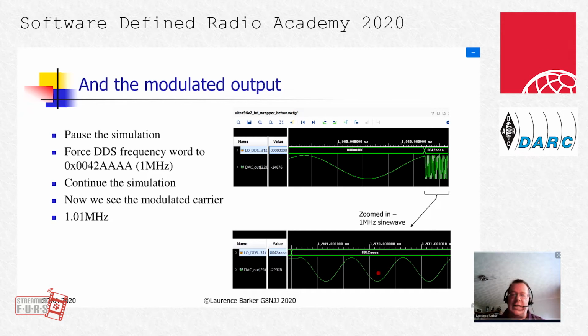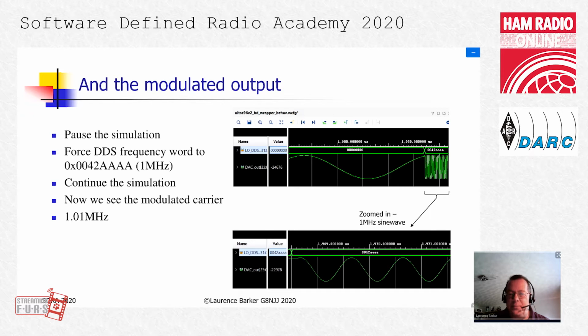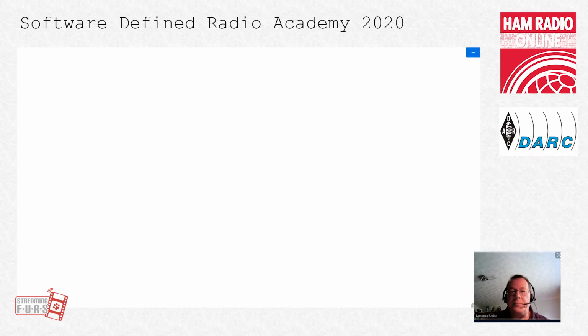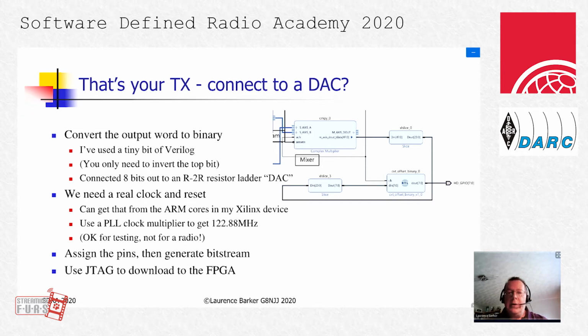It's hard to tell that that's 1.01 megahertz rather than 1.0, because all you're doing is essentially looking at a sine wave. You can zoom in and find the zero crossings carefully, but it's actually quite hard to spot. Trust me, it is. So that's our basic transmitter working.